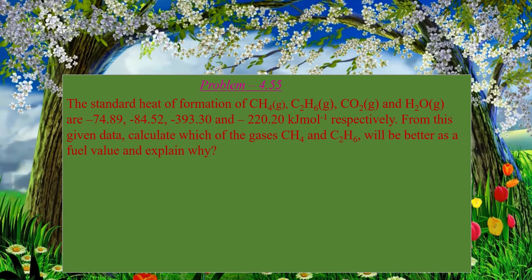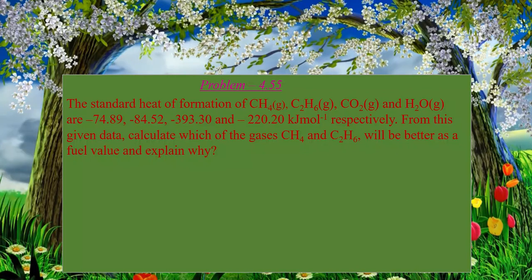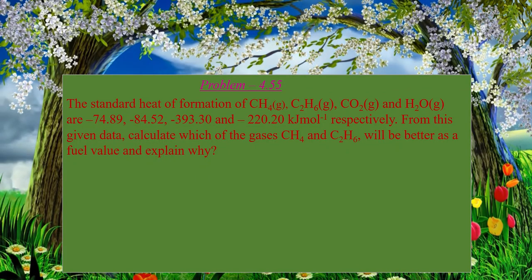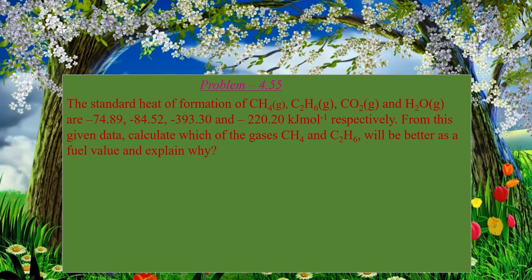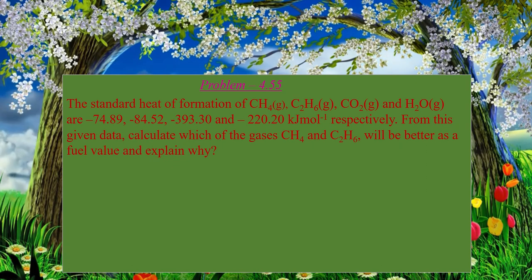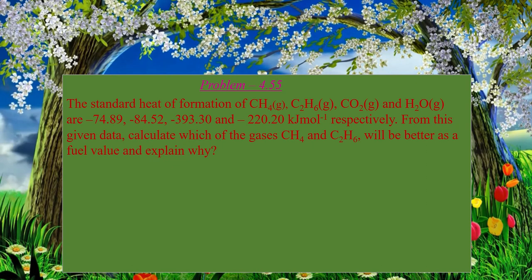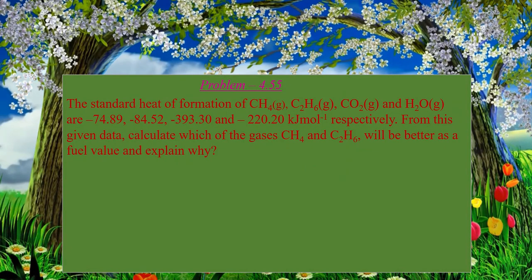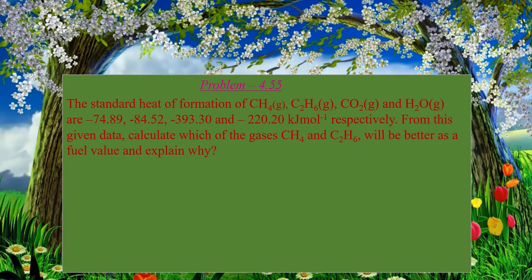From this given data, calculate which of the gases, methane and ethane, will be better as a fuel and explain why. Look here, methane and ethane both are organic compounds and both can be used as fuel.